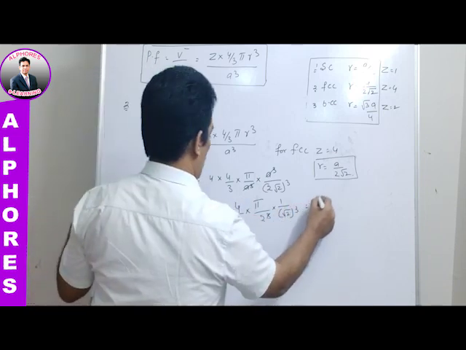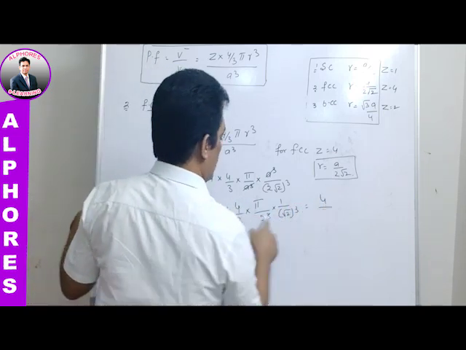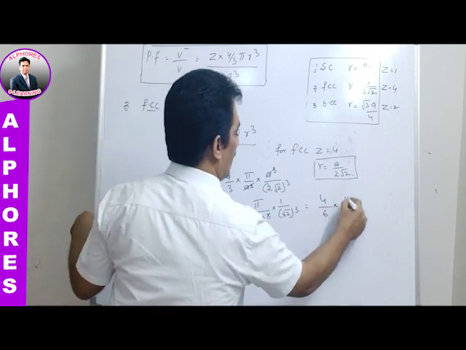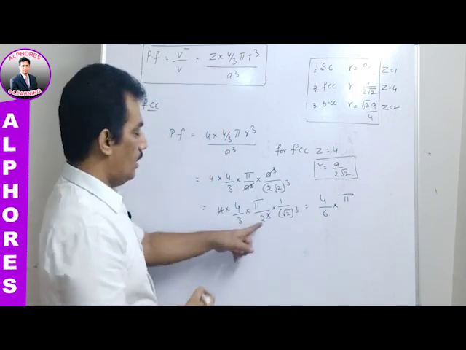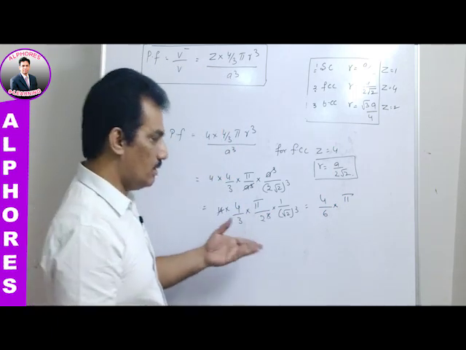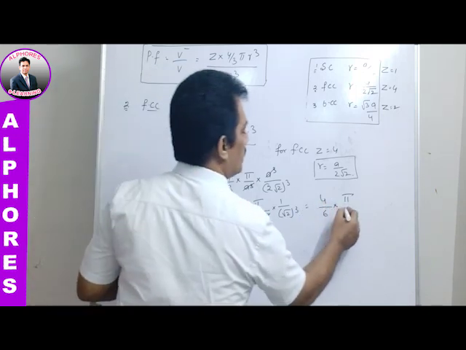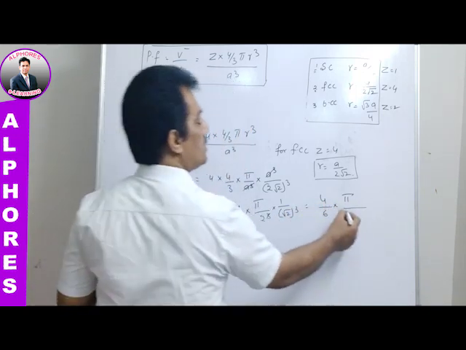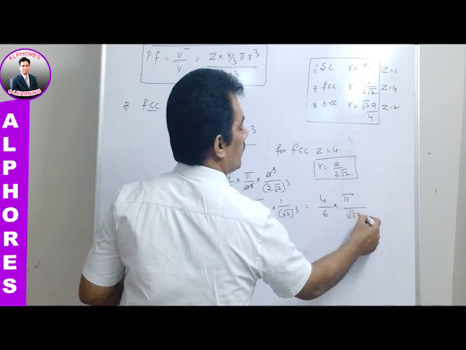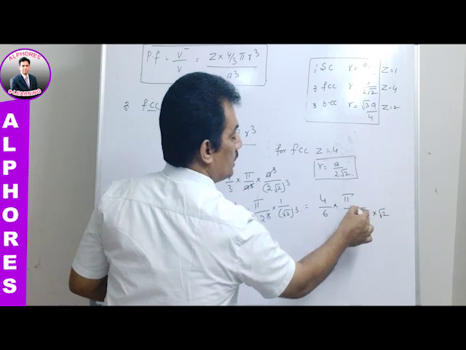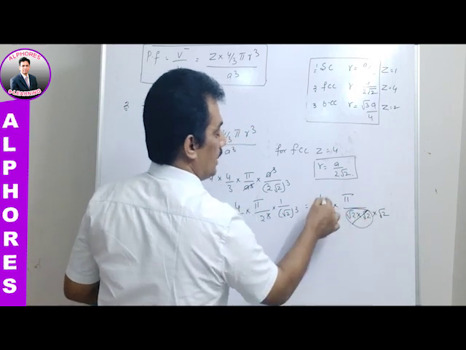4/3 into 2 is nothing but 6, into π by, already this 2 is multiplied with this. I am making it easy for cancellation. √2³ means √2 into √2 into √2, and this 2 is cancelled with 2.